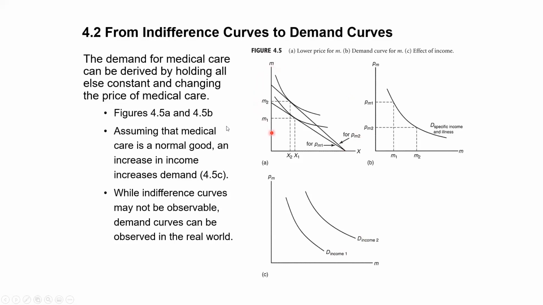So this figure here shows the relationship that happens between consumption of medical services and consumption of X goods when the price for medical services increases. For example, here, this is the baseline price of PM sub 1. So this curve is the consumption of X goods and medical services at this price level for medical services.